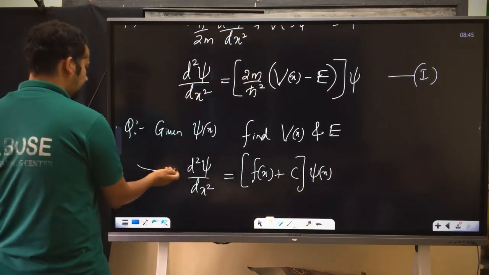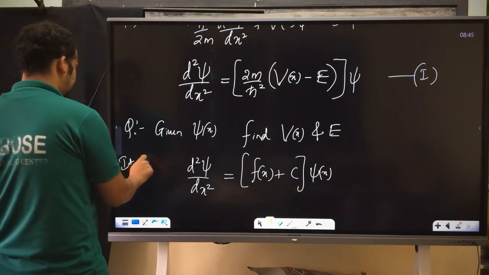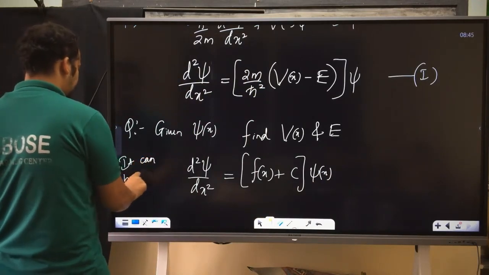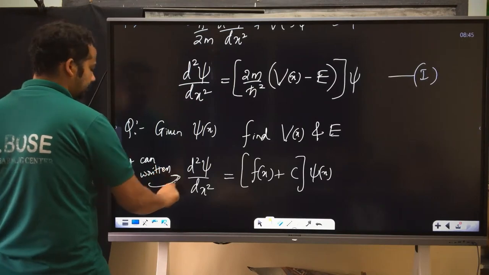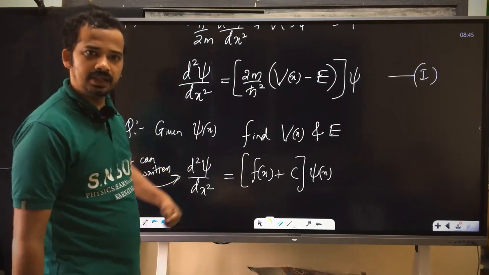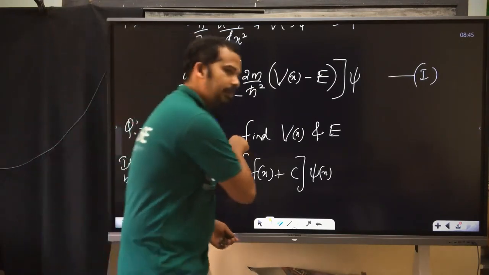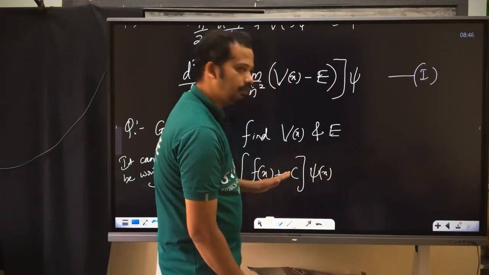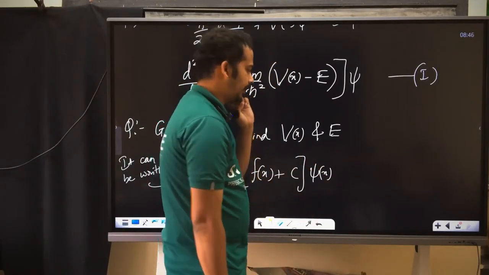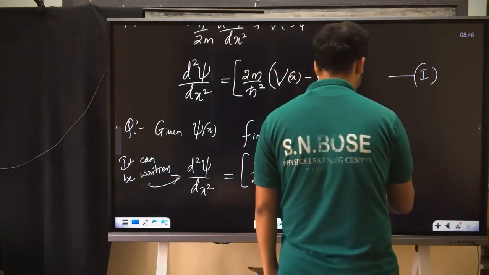When you take the second derivative and try to separate the wave function, one function and one constant will remain. I will say this is the second equation.